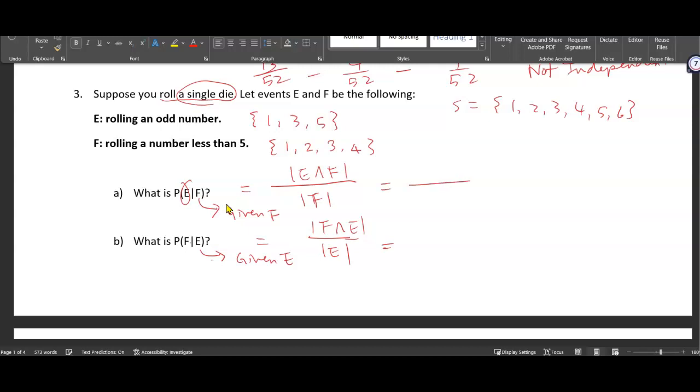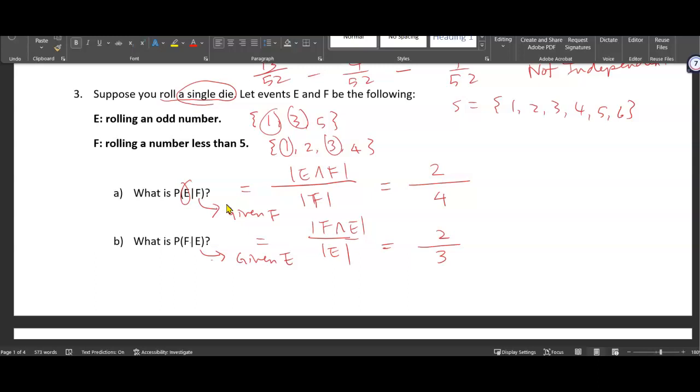So for part A here, our F has cardinal number 4, and our E has cardinal number 3, right? So these are still two different denominators. But the elements of E that are in F for part A are 1 and 3. So the number of elements in E that are part of F is 2, and the number of elements of F that are also in E is also 2.